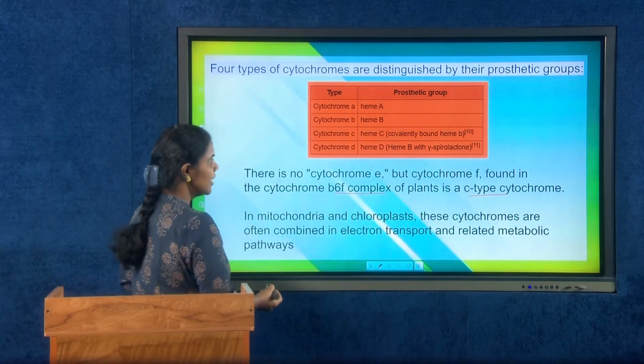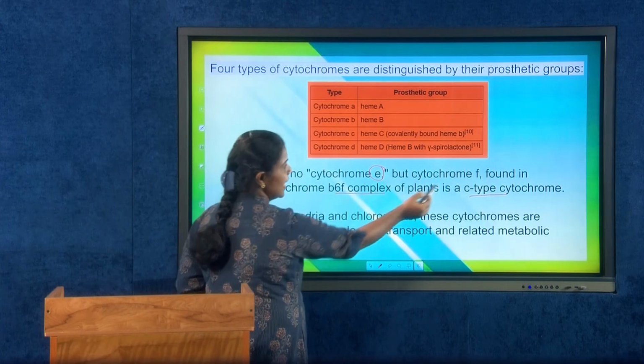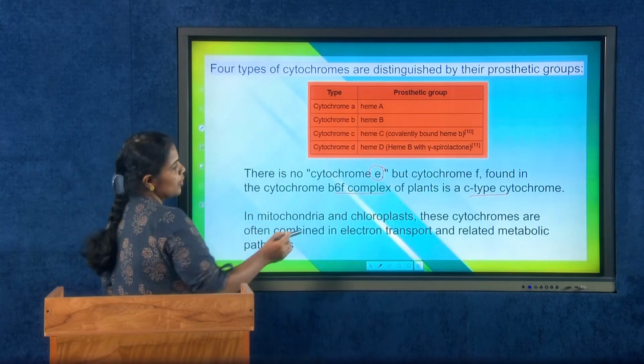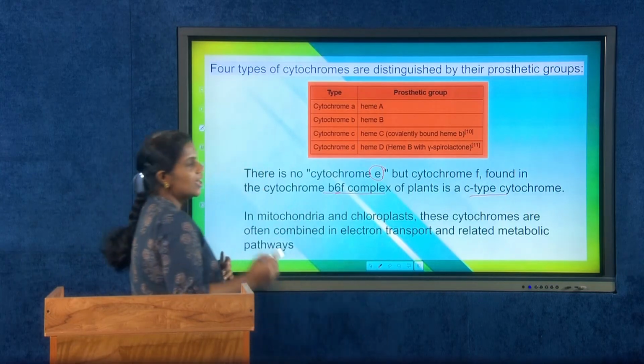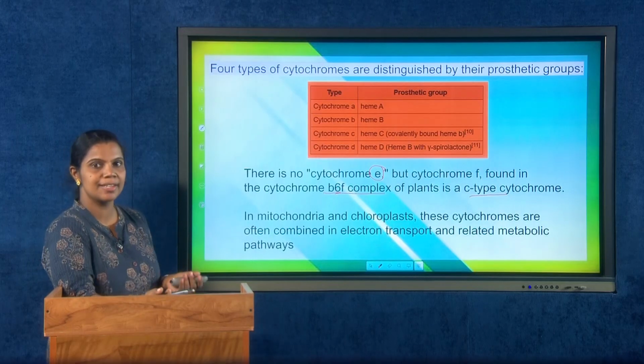What is the B6F complex? We will see in the coming slides.